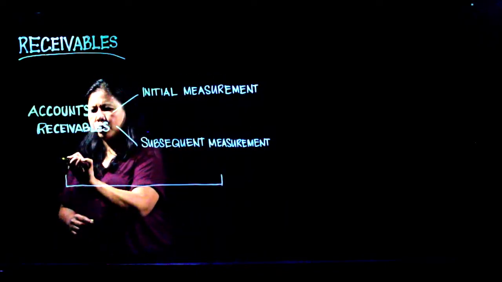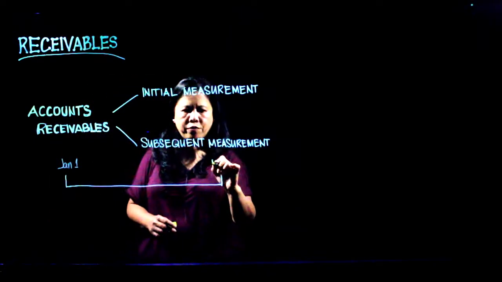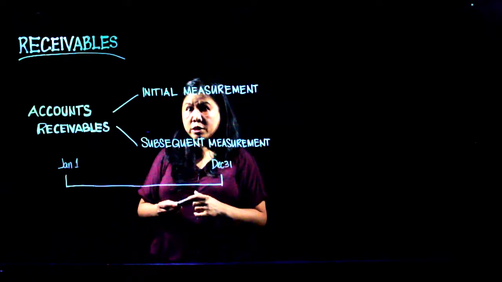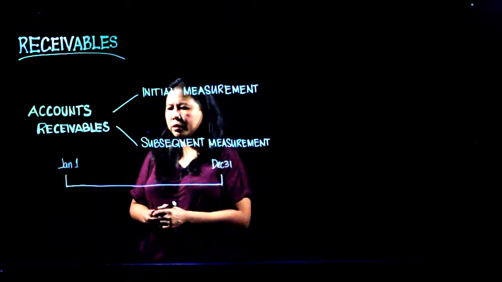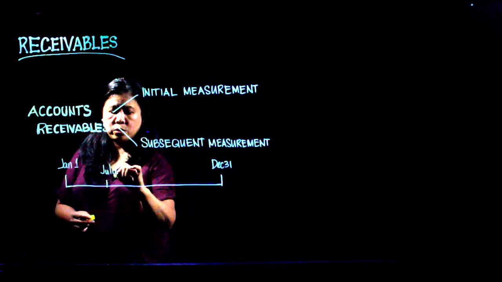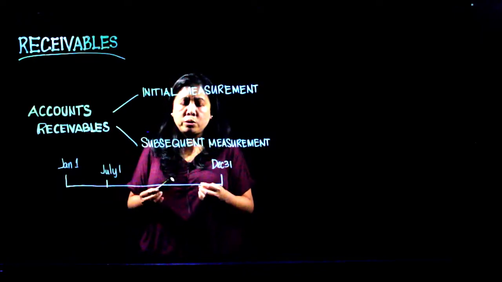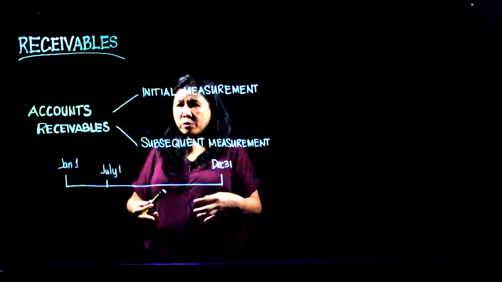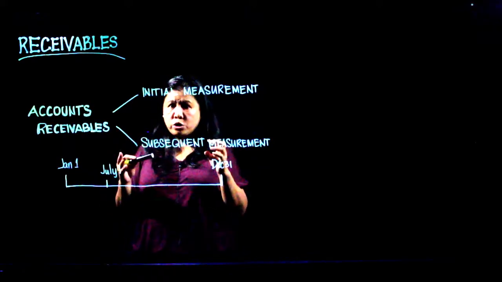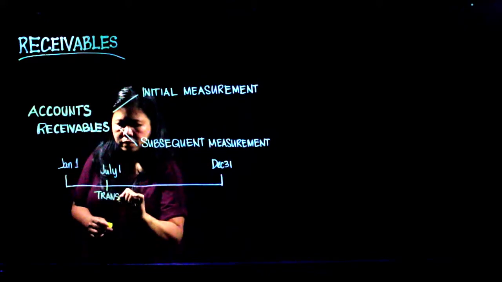All right, we have our January 1st and our December 31st right here. Let's say, for example, on July 1st, the company sold goods to a customer. That creates the accounts receivable. July 1st is your transaction date or your sale date.